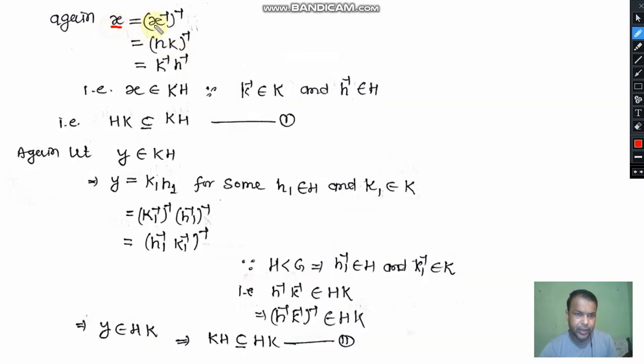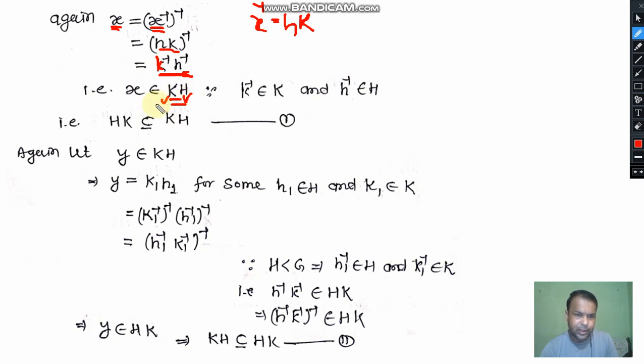Now x will be the inverse of x inverse, and the value of x inverse is hk, and you can distribute this inverse in reverse order. So this is equivalent to k inverse h inverse. So x equals the inverse of x inverse, which equals k inverse h inverse. Here you are noticing that k appears first and h appears last. So this will be an element of KH, because K is a subgroup and H is also a subgroup.